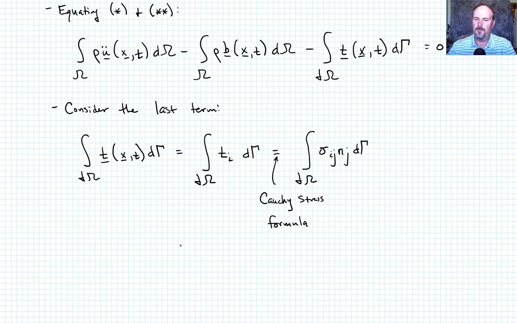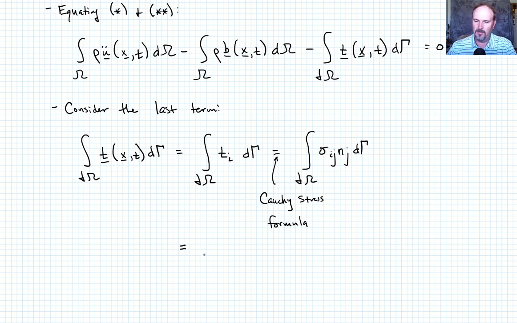We're almost where we need to be. Now we have to reach into our toolbox from Calculus 3 and remember, how do we convert an integral that's written on the boundary into an integral that's written over the volume? And hopefully your answer is we use the divergence theorem. That's what we want to use here. If you remember the divergence theorem, we can take an integral of this form where we have sigma dotted with n and write it as the partial of sigma with respect to that same term integrated over the volume.